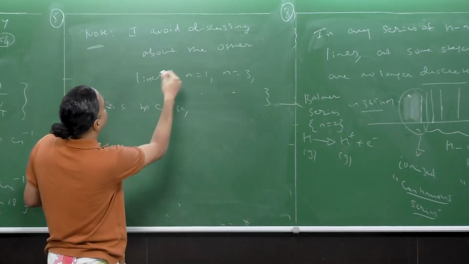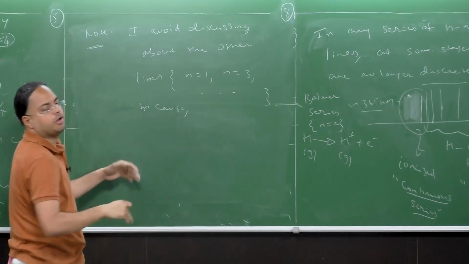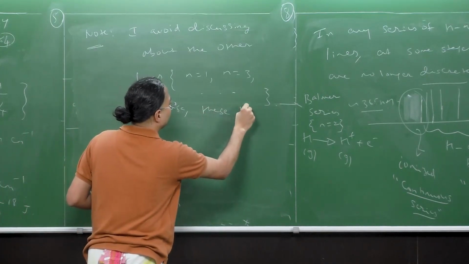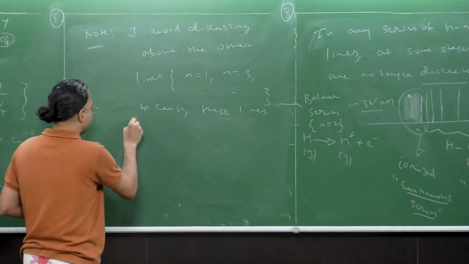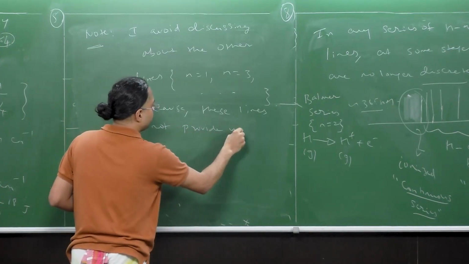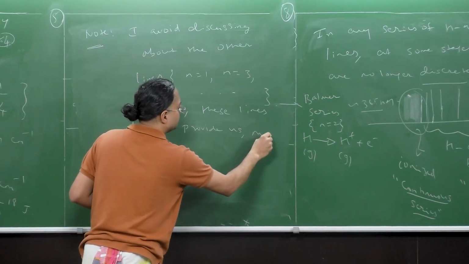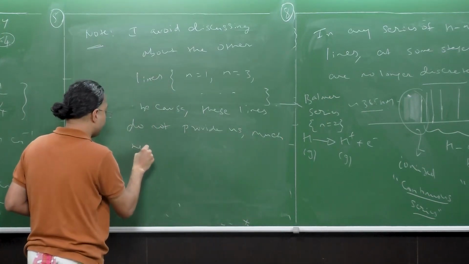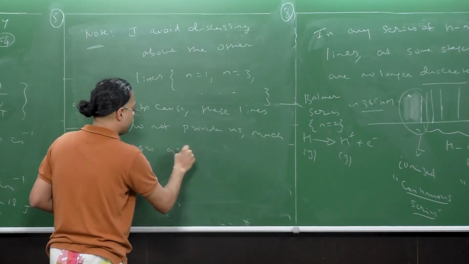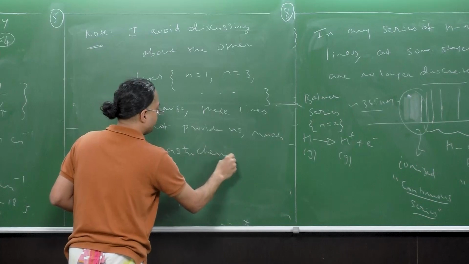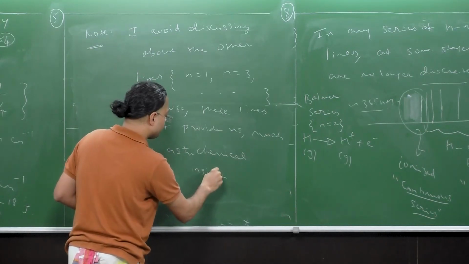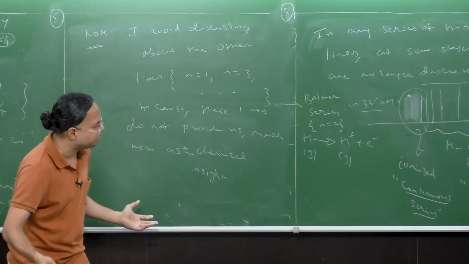I avoid discussing the lines because these lines do not provide us much new astrochemical insight. Of course, those lines are also going to be seen in the hydrogen atom spectrum, right?